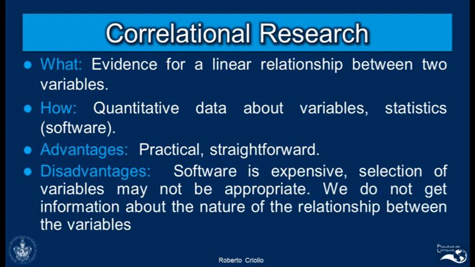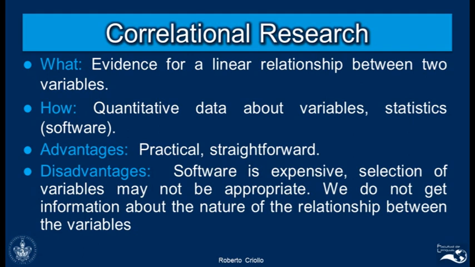The disadvantages are obviously that this software is very expensive, extremely expensive, and that it is important to select appropriate variables, because we cannot select just any kind of variables and test them. We need to see which variables are important, which variables could really be related, and whether or not they're going to give results that are going to be useful or not. We cannot just correlate everything that we want.